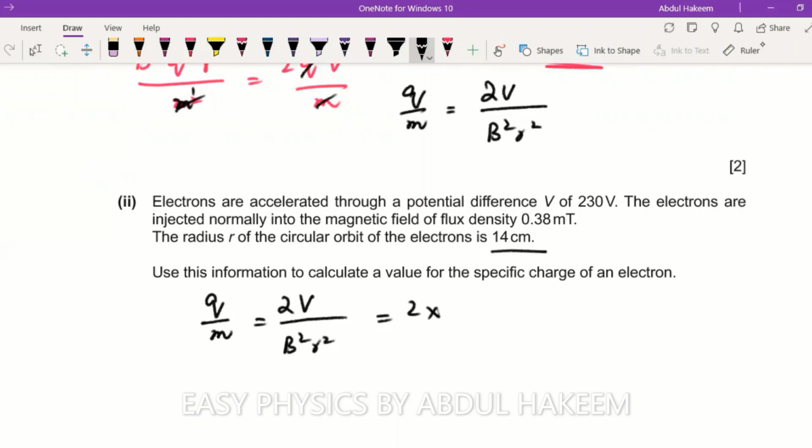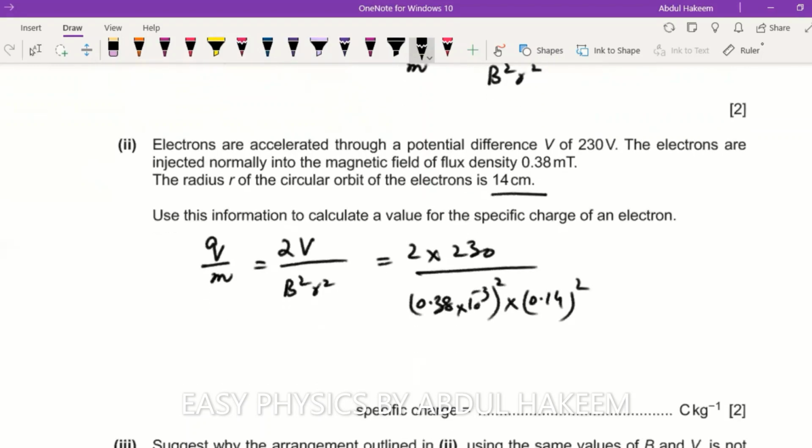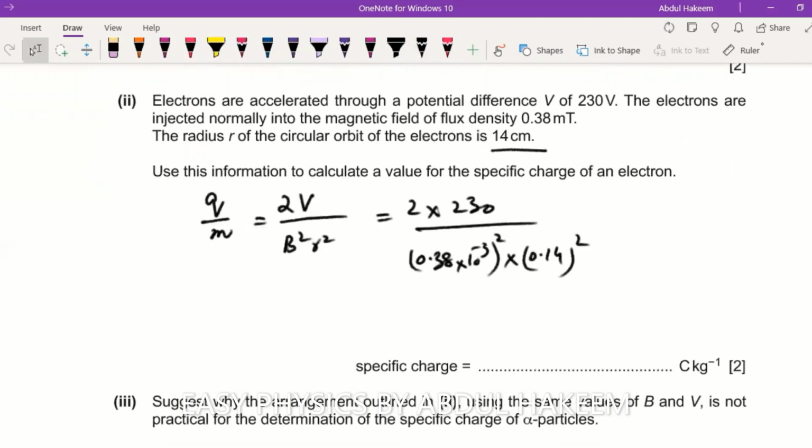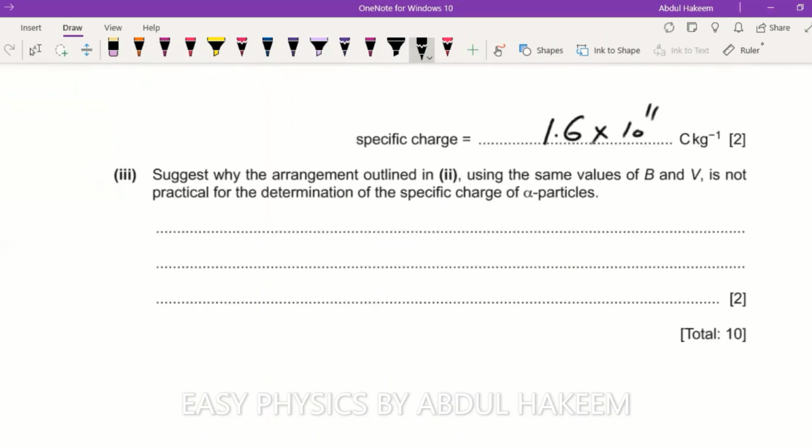So 2 times 230, and B is 0.38 times 10 to the power minus 3, squared, and the radius in meters is 0.14 squared. Calculating, the answer is 1.6 times 10 to the power 11. This is the specific charge.